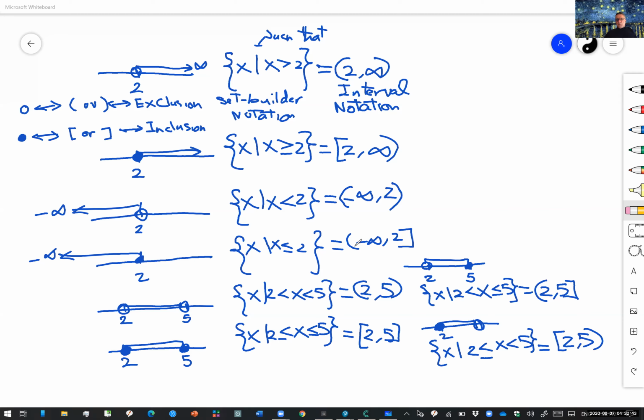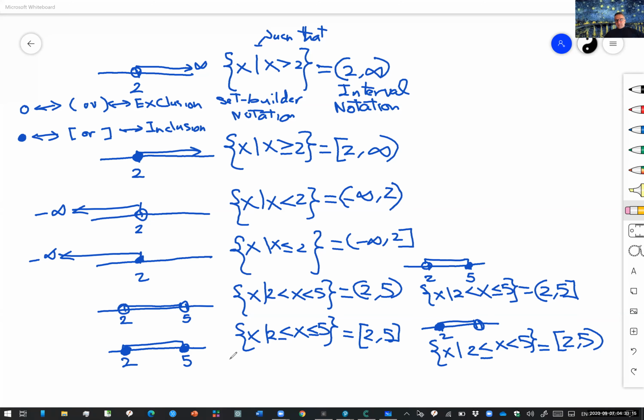And the ones where one side is a parenthesis, the other one is a bracket, what do you think those are called? What's a good name? Half open, okay? Does that make sense? We could have called them half closed too, right? But we decided to go with half open. So these intervals where one side is parentheses, the other side is bracket, they're called half open intervals, right?